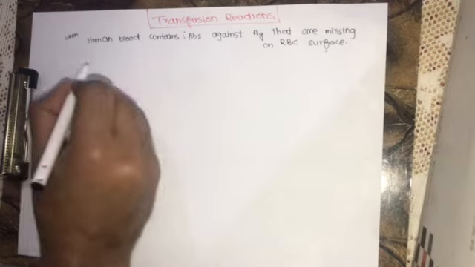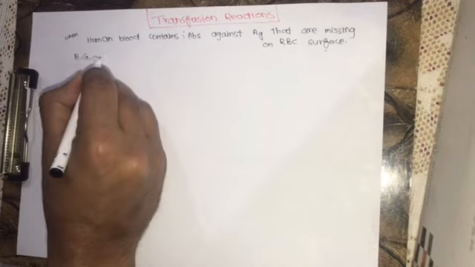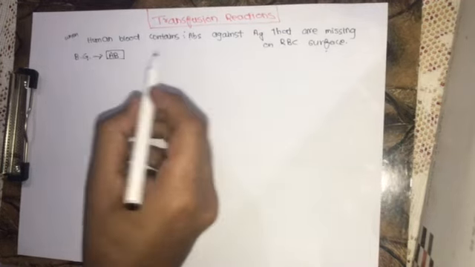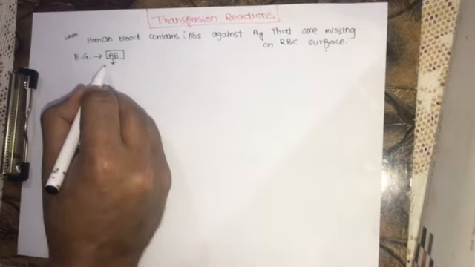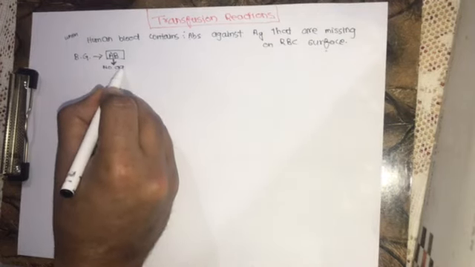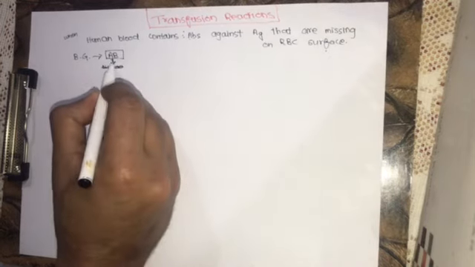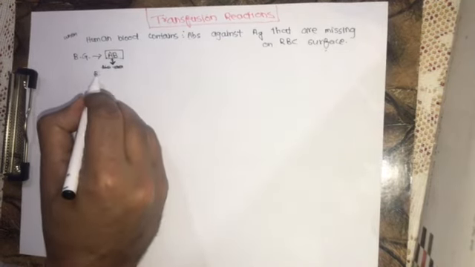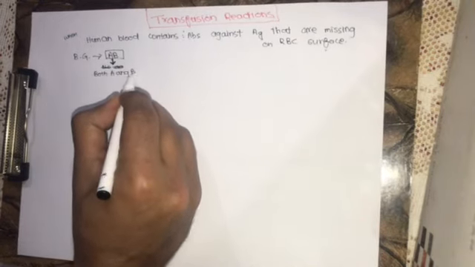So for example, we have blood group AB. As we have discussed in our previous video, AB blood group has both A and B antigens.